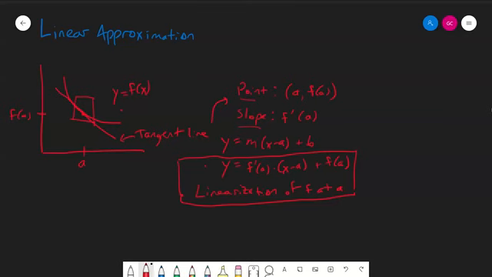Maybe to help us, let's give a name to this linearization. We're going to call it L of x. I should emphasize, of course, that L of x will change if you pick a different a value.